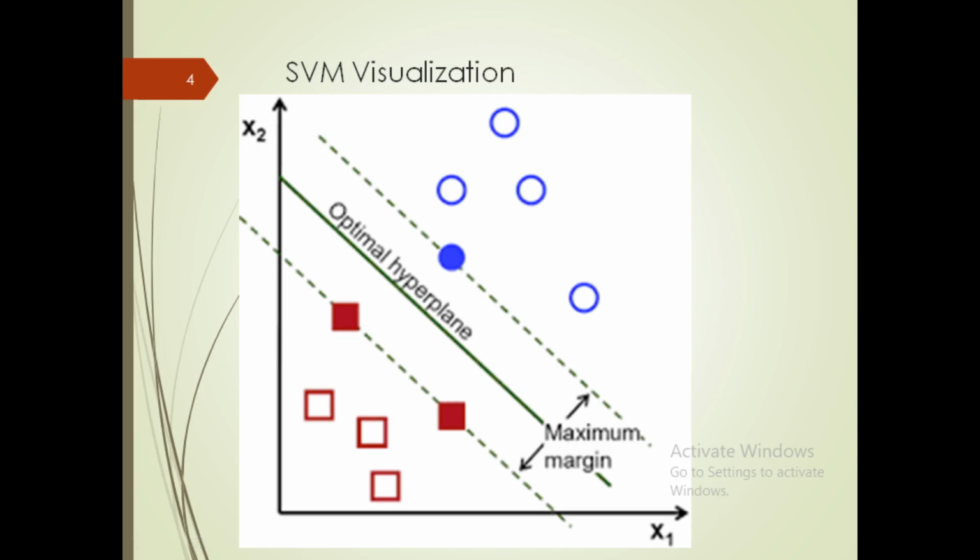Then you can see over here we have 2 points which are nearer to this circle. Apart from this, we have 5 points which belong to the circle class, but when we consider that this point is nearer to this point, we are going to draw a margin over here, as well as over here.